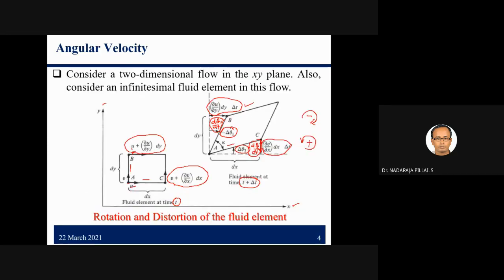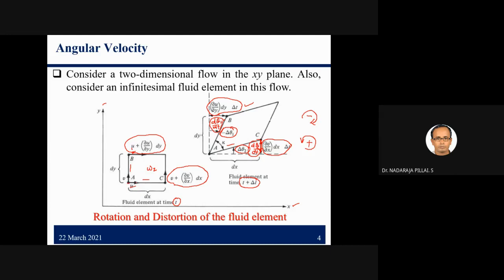So let us consider a two-dimensional flow field in the x-y plane. Here AC is distorted, and similarly AB is also distorted, and omega z is the component of angular velocity.